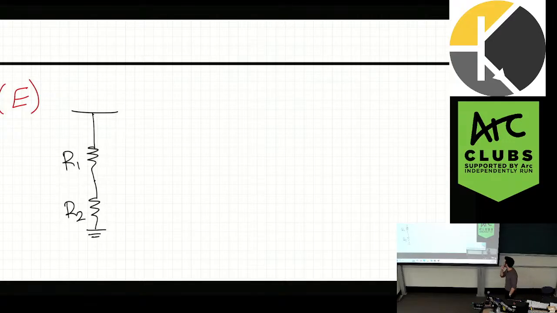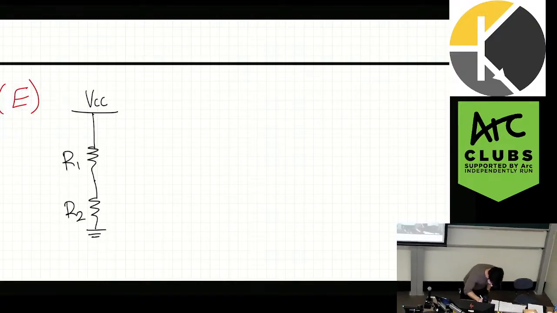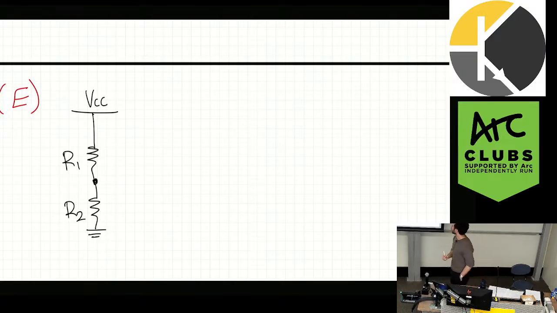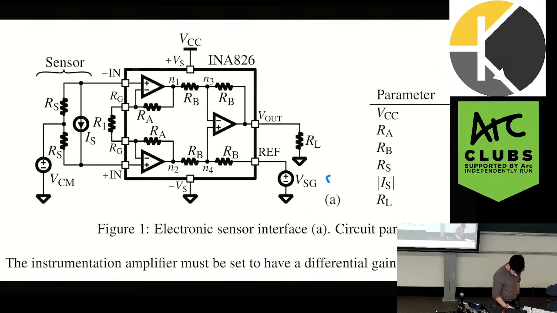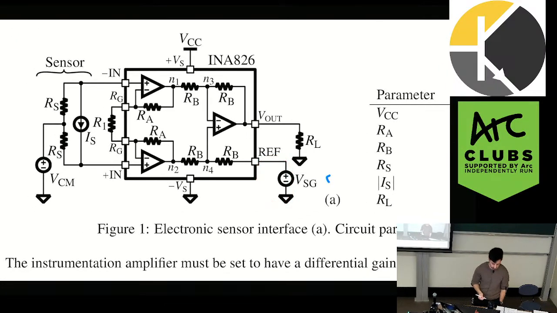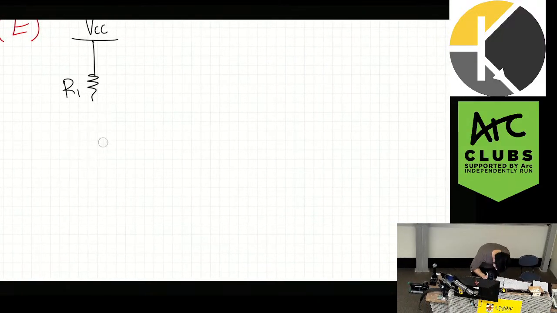So you voltage divide down, and here is your reference voltage. But now we want to make this adjustable, and what we know is we can just use a trim pot. Because we can control what's here, I can just put in a trim pot there when I control the VSG.